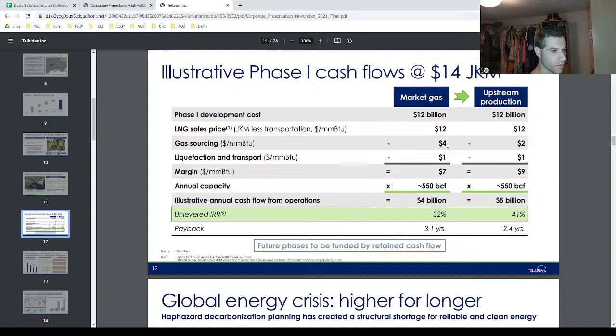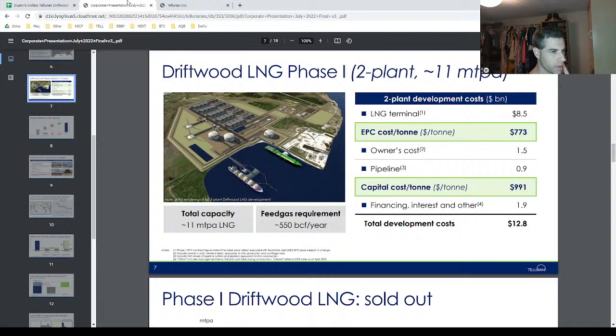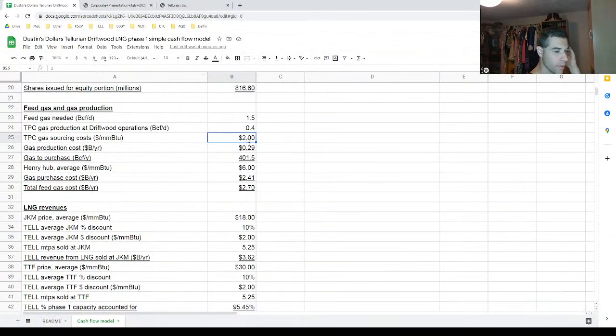And then they put in a number, $4, if they're buying it from Henry Hub, but I have a different number here. I just used their sourcing costs here, $2 per MMBTU. Again, maybe that's wrong. I probably could have done a better job by looking at their filings. It's hard to tell right now though, because they're drilling so much at the same time that they're producing. So it's hard to get actual good numbers here.